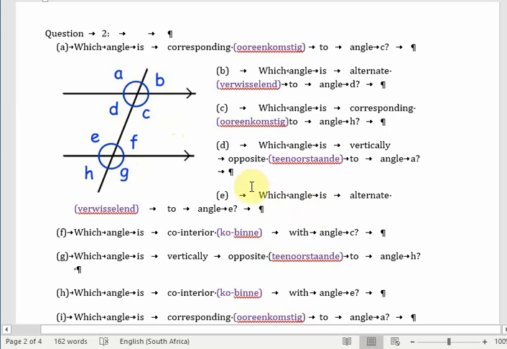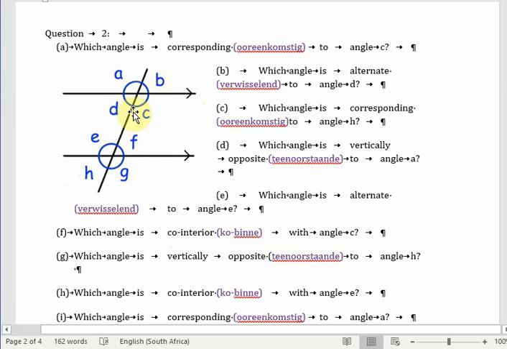E, what angle is alternate to E? So alternate, again, means that we can form a Z. So there's E. So we form a Z like that.